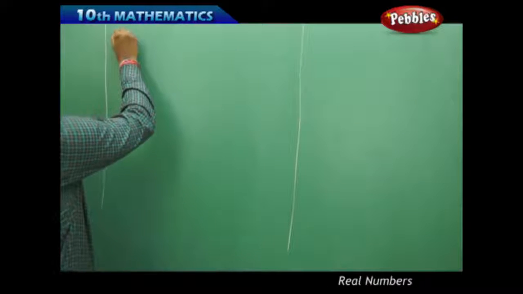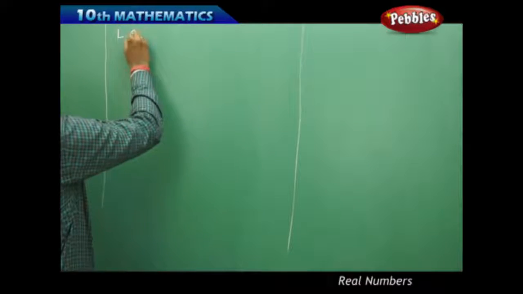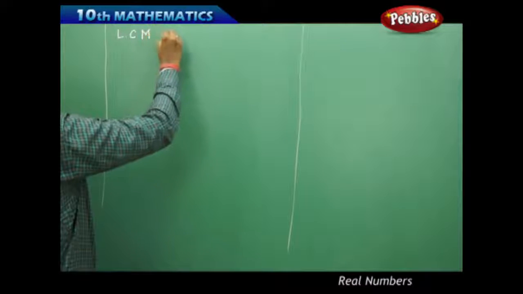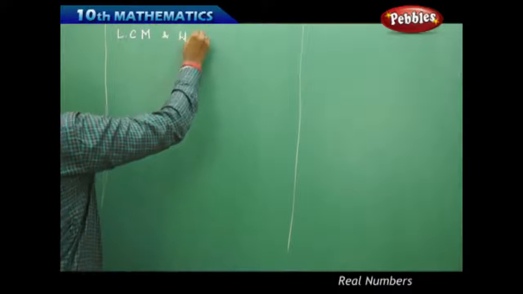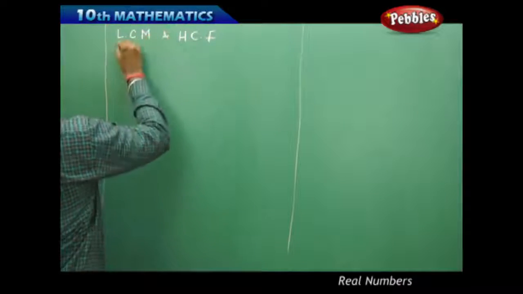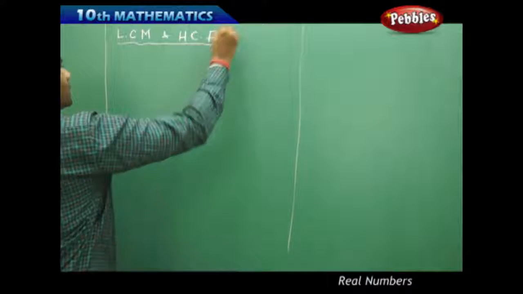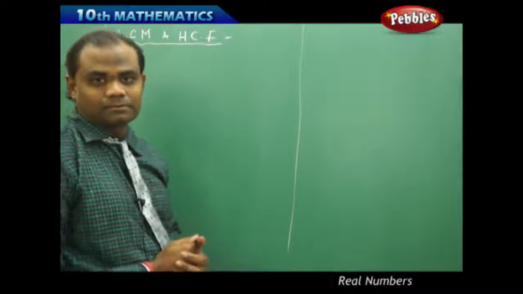So here, if I take two numbers, let me start with LCM and HCF, the least common multiple and the highest common factor.